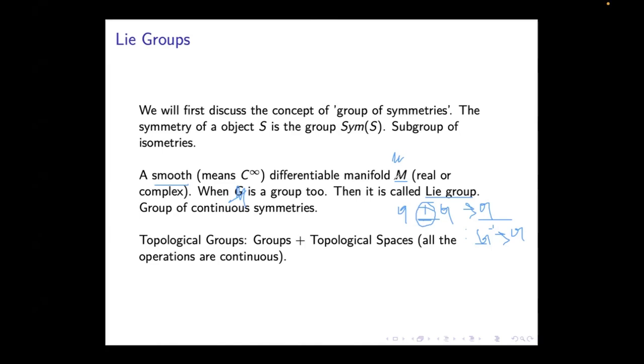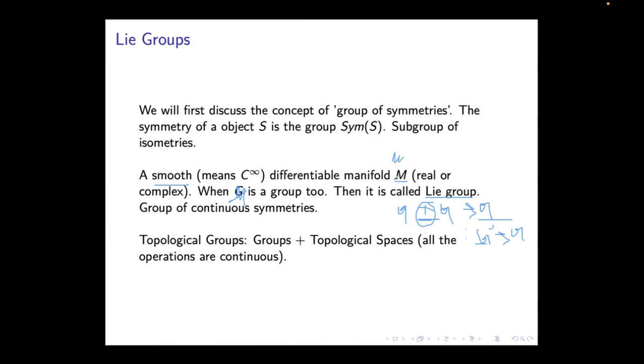And why are Lie groups important? This was very important, at least from the point of view that it takes two subjects together. And all of these representations of Lie groups, what we discussed last time, a representation of a group is basically its map to the automorphism group of a vector space. So you take elements of the group and map them to some sort of vector space, ideally a matrix.